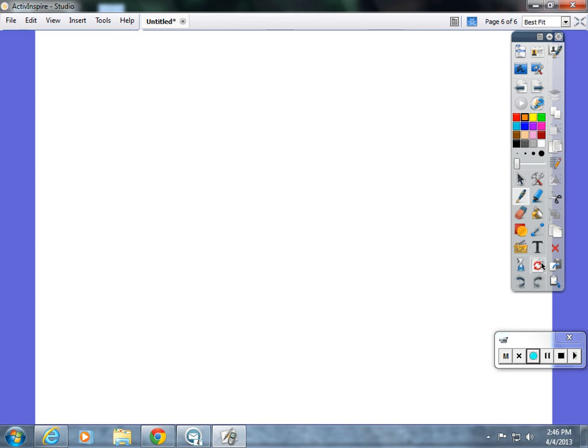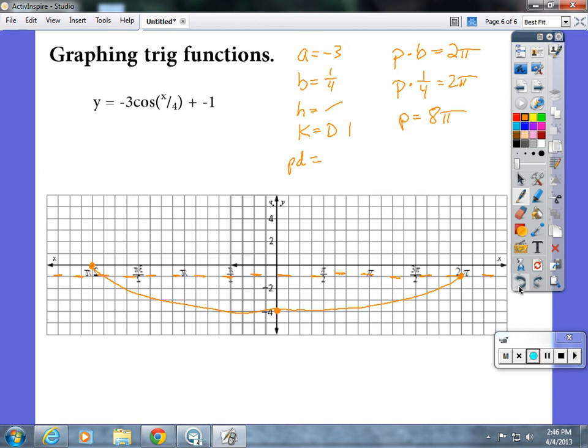So let's say that I do label my axis more appropriately than what I have here. Let me override this, and let's say that this is 2 pi, 4 pi, 6 pi, 8 pi.